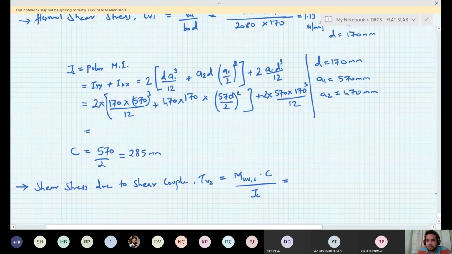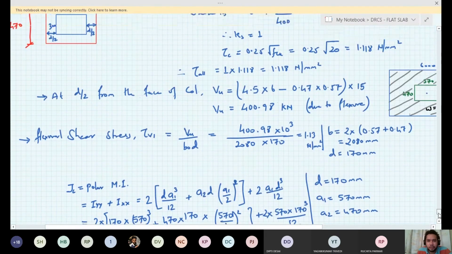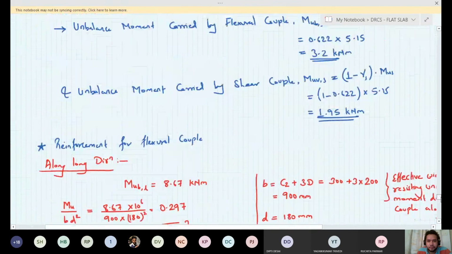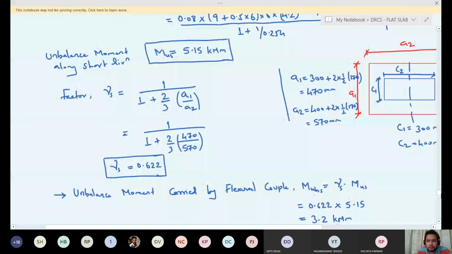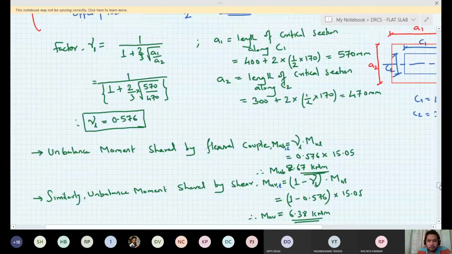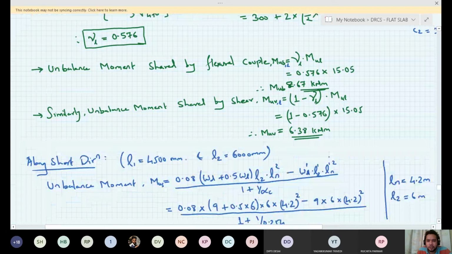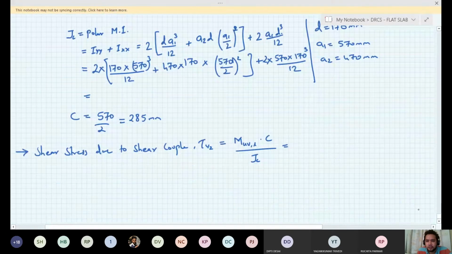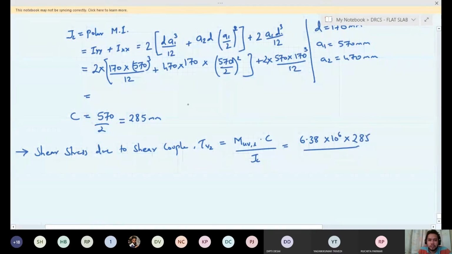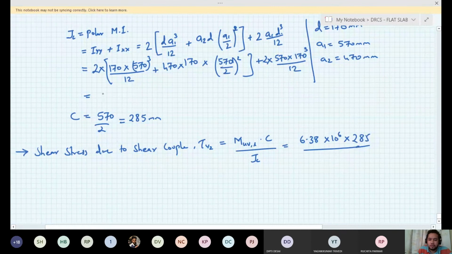Okay, so unbalanced moment shared by the shear couple along the long direction is 6.38, so 6.38 into 10 to the power 6 into C. C is 285 divided by JC. How much is this value?